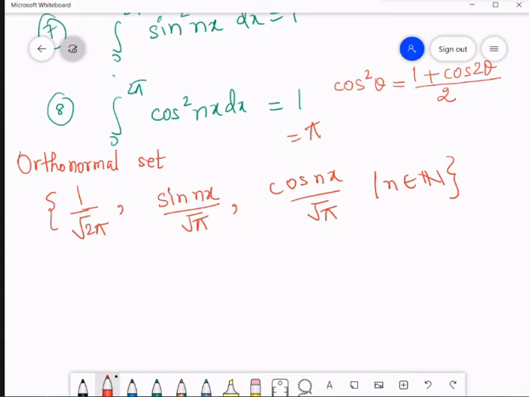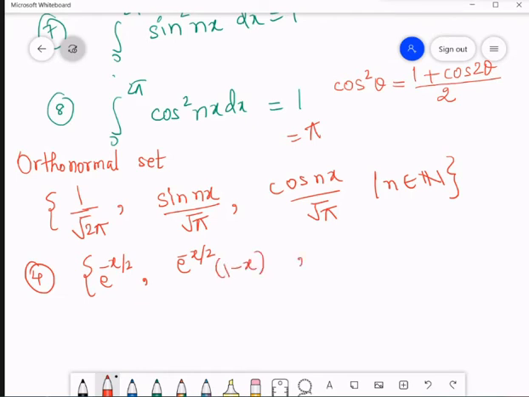Okay, so now for the next one, you can have different combinations also here. Try this one, whether this is an orthonormal set or not. I guess this is my fourth question. Here what I have is e raised to minus x by 2. Here I'll have e raised to minus x by 2 multiplied by 1 minus x.